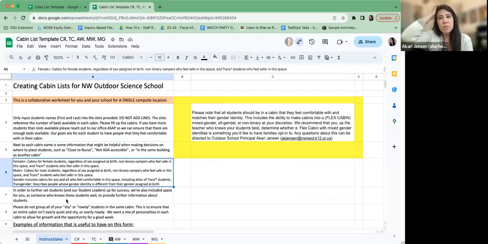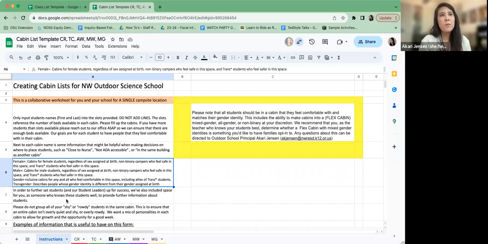Something that's really important to note is that we have spent a long time working through our LGBTQ plus inclusion policy, and that is new for this year. It is available on our website in the frequently asked questions section. We have 3 cabin areas that students can be assigned to. One is female plus.